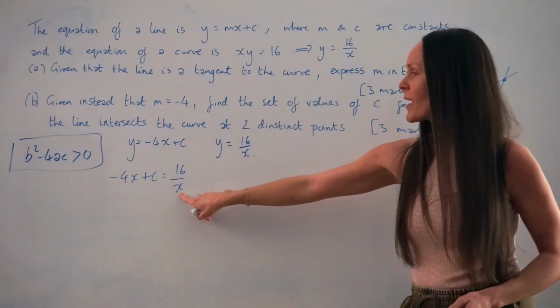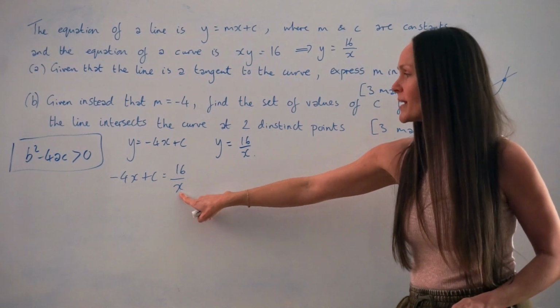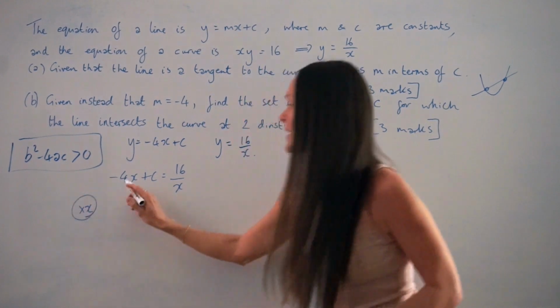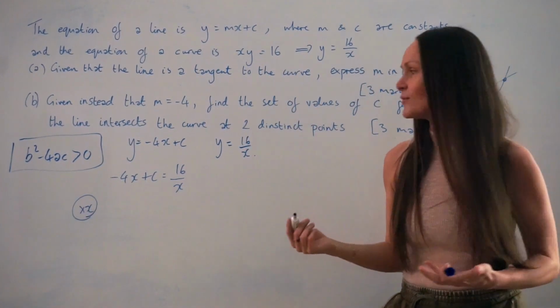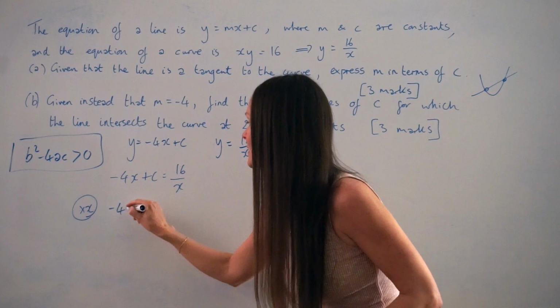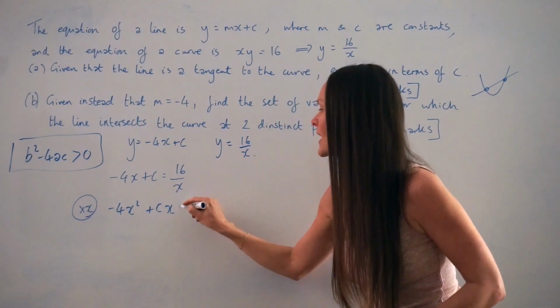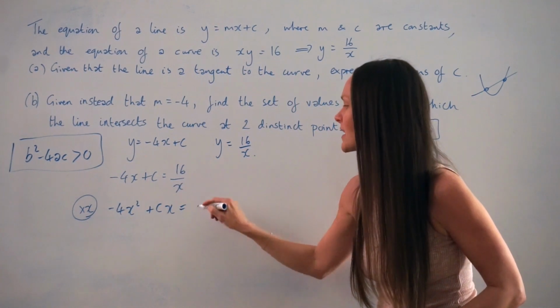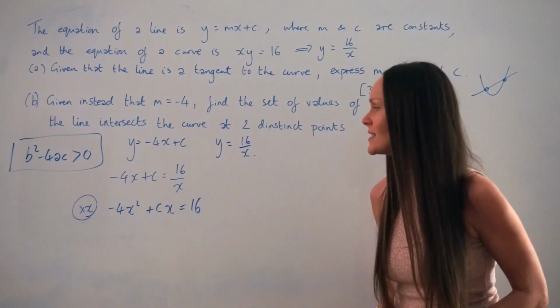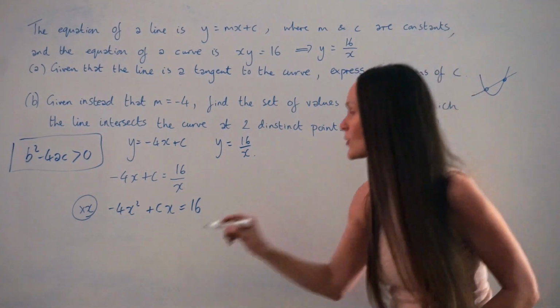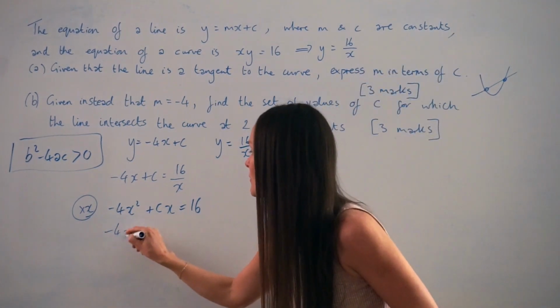So I'm going to multiply everything in the equation by the denominator x. So if I times negative 4x by x, I get negative 4x squared. If I times c by x, I get cx. And if I times this fraction by x, the x cancels and I'm left with 16. Now I'm just going to move the 16 over to the left-hand side so that the equation is equal to 0.